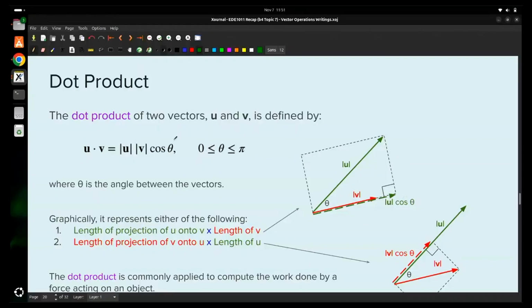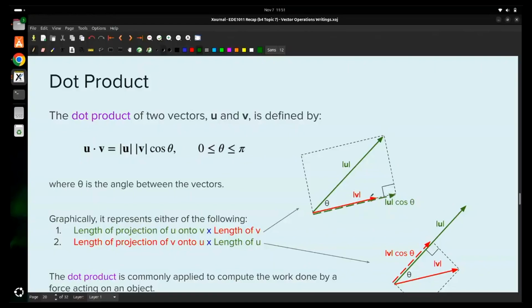Now it's very easy. You can say that the cosine theta belongs to u, correct or not? So if the cosine theta belongs to u, then you have u cosine theta. But u cosine theta is the projection of u onto the direction of v, because u cosine theta is giving you this dotted green arrow.